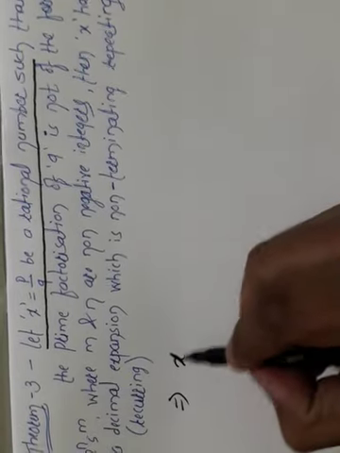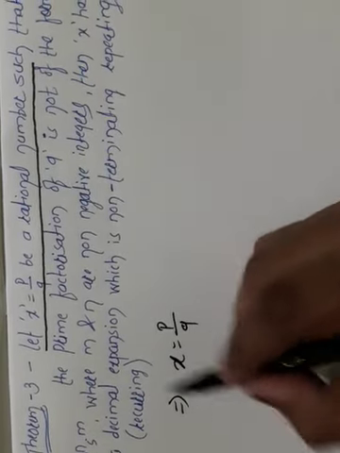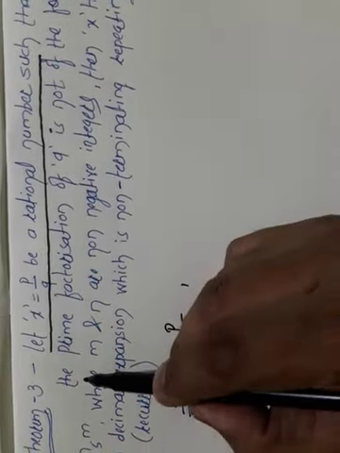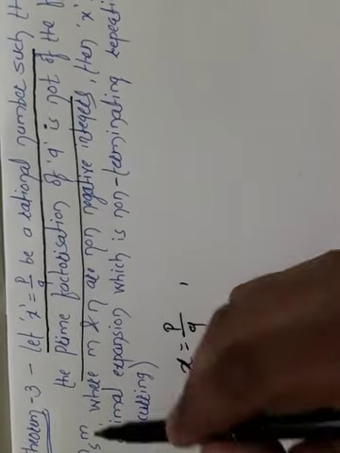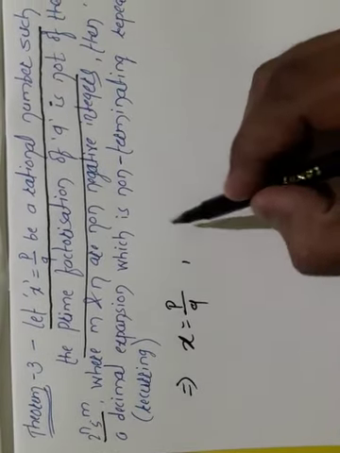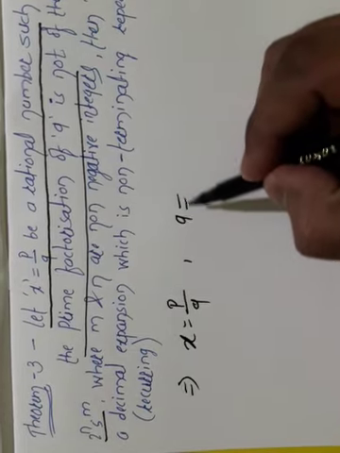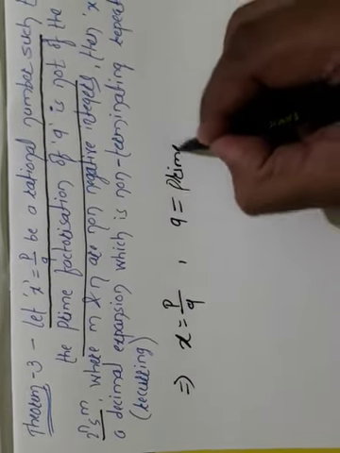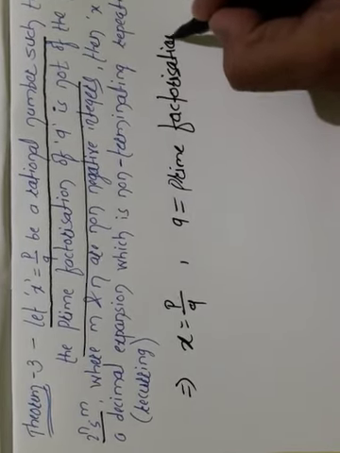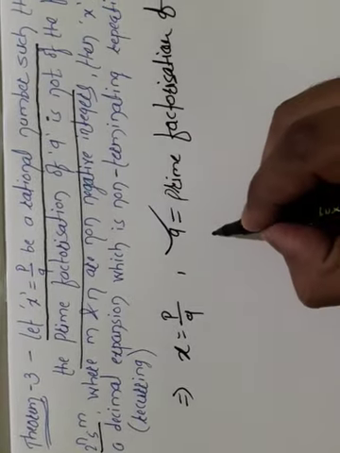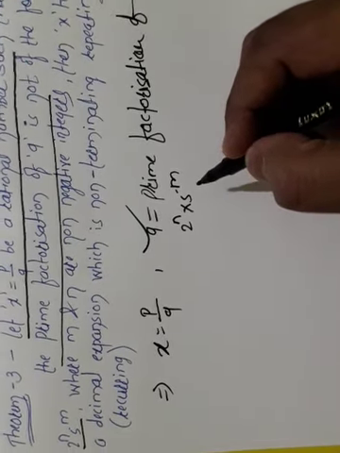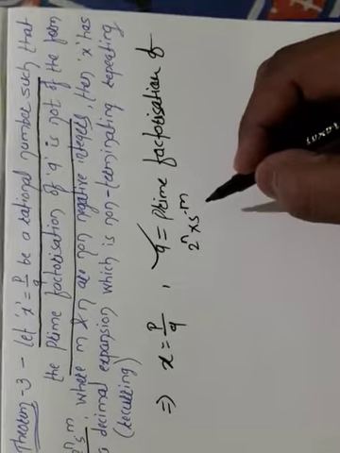That means x is one rational number, and in this rational number the prime factorization of q is not in the form of, this is very important, 2 raised to n into 5 raised to m, where m and n are non-negative integers, you know that.